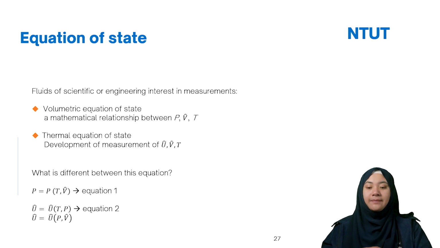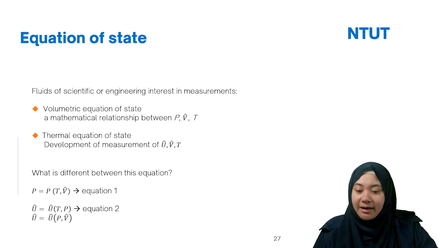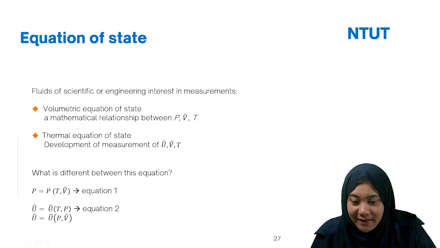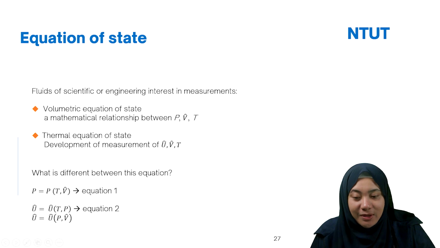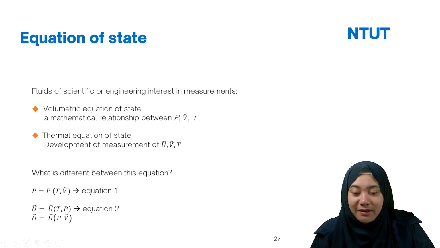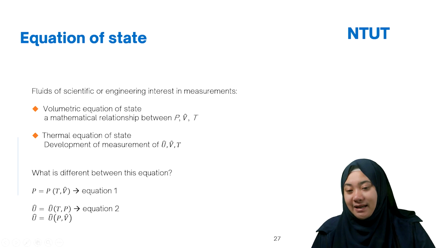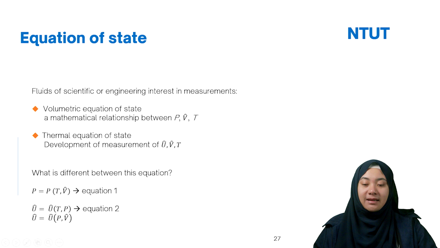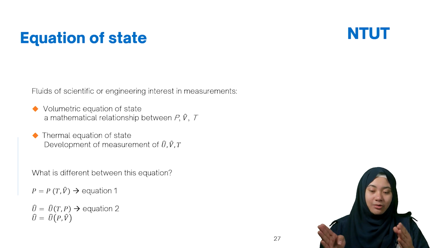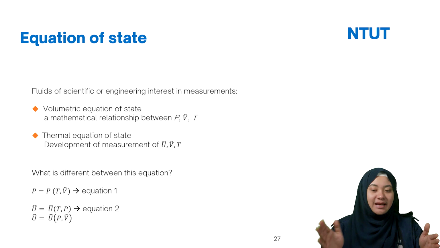Okay, so in thermodynamics, we always use this, P with brackets T and V, this is equation 1, and equation 2. One is a function of T and V, and the other is P and V. So what's the difference between these? It depends on the function. For example, say P equals 1 bar. Which specific temperature gives 1 bar?